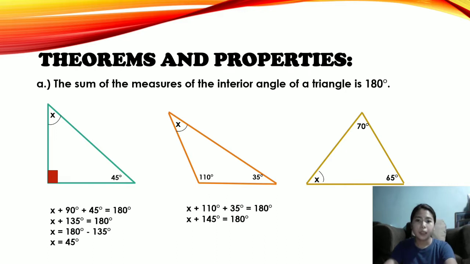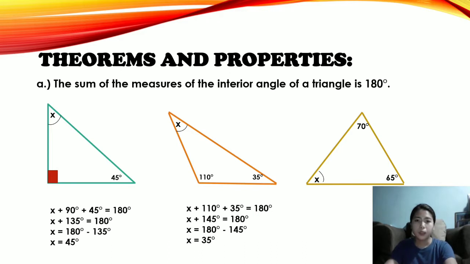Then let's apply again the property of equality. So x is equal to 180 degrees minus 145 degrees. We subtract 145 on the left, then we subtract also 145 degrees on the right side. Now we get 35 degrees. So 180 degrees minus 145 degrees is 35 degrees. So 35 degrees plus 110 degrees plus 35 degrees is equal to 180 degrees.